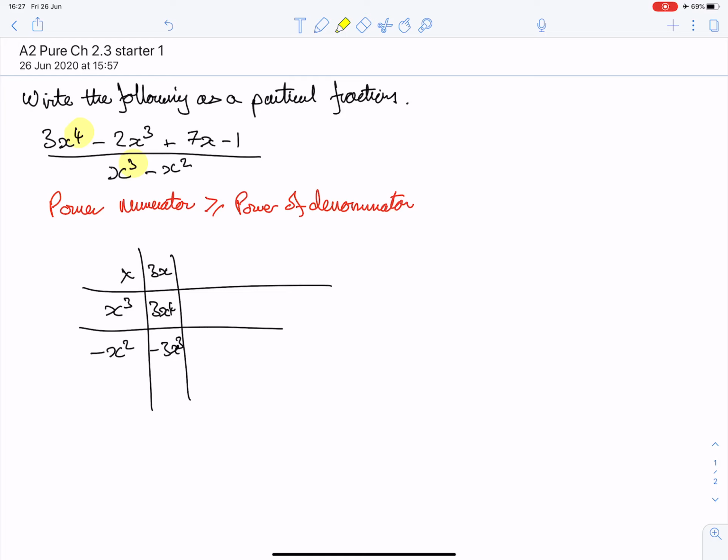We can come back up here and see that we need minus 2x cubed. So minus 3x cubed plus an x cubed gives us that. We've got the right number of x cubes now. So x cubed times 1 gives us 1x cubed as required. Filling in here, we get minus x squared.